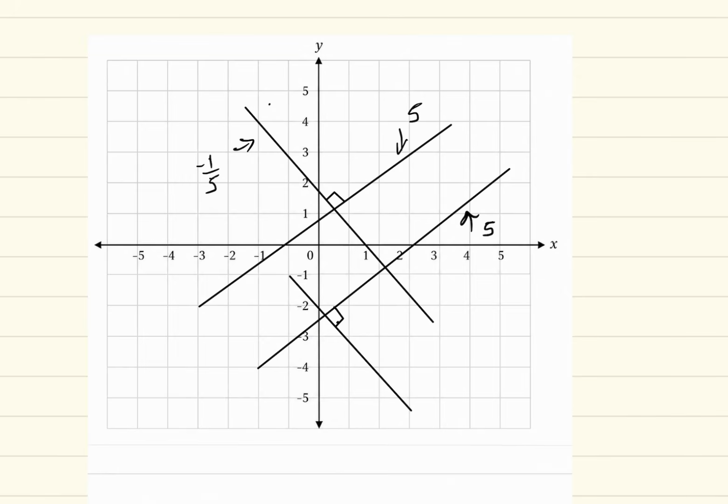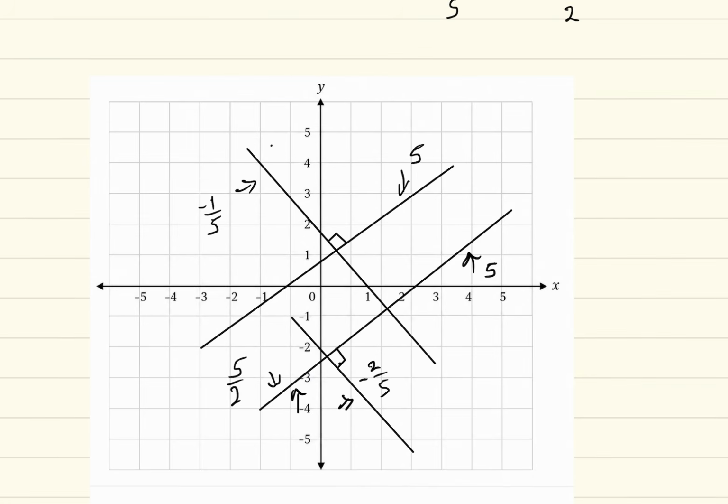Then again, these would be negative reciprocals. So one, for instance, this could be negative 2 over 5, and this one would be 5 over 2.